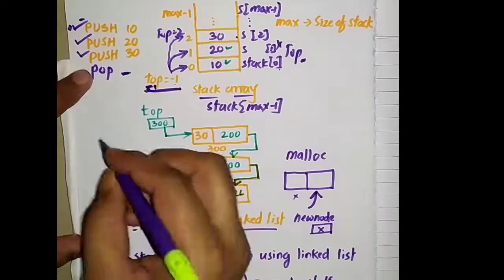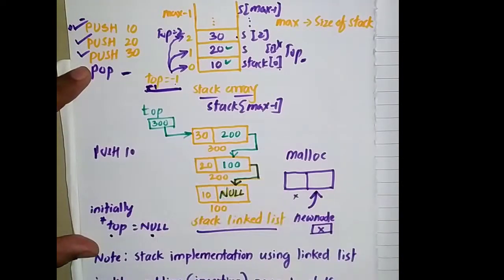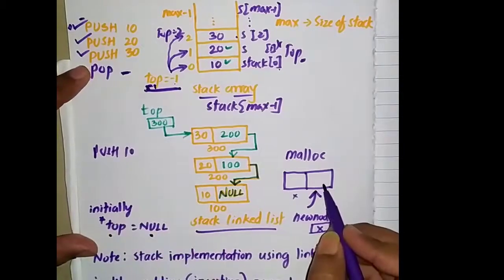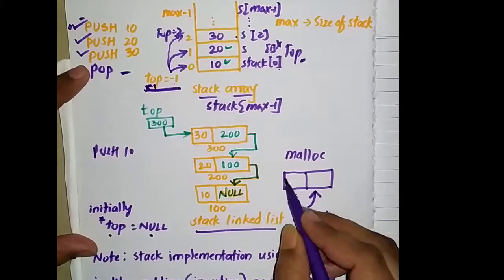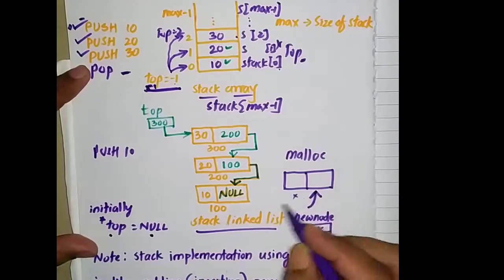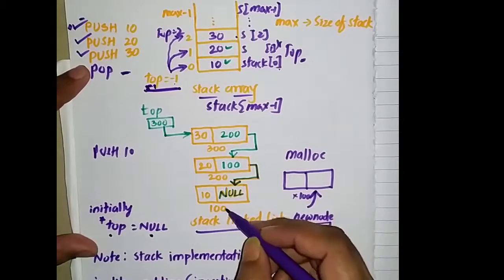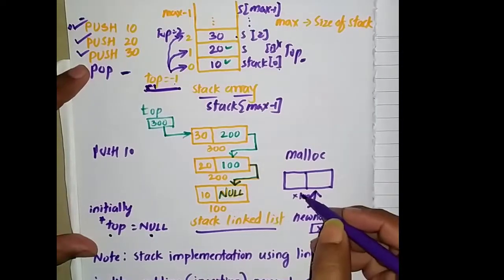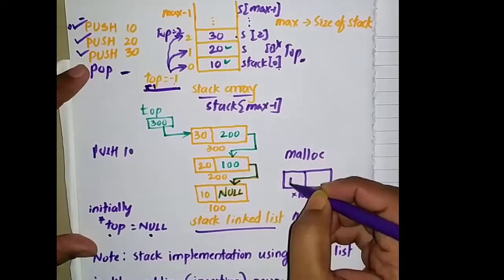So this information is carried and taken here in the implementation of the stack. To perform the push operation, push 10, a block of memory required to implement the node will be taken, something like this, and consider its address is 100 here. The same thing we will do here, and then I need to push the data, which will be 10.